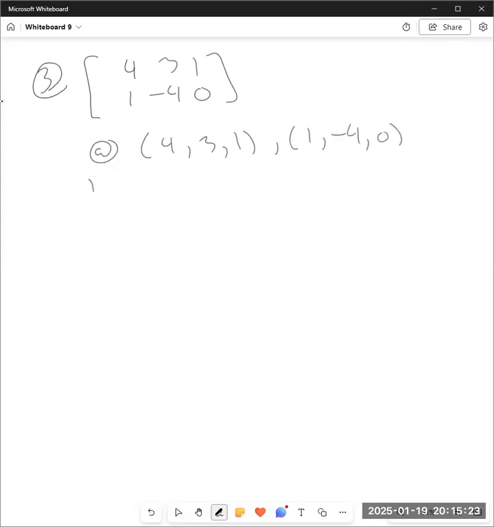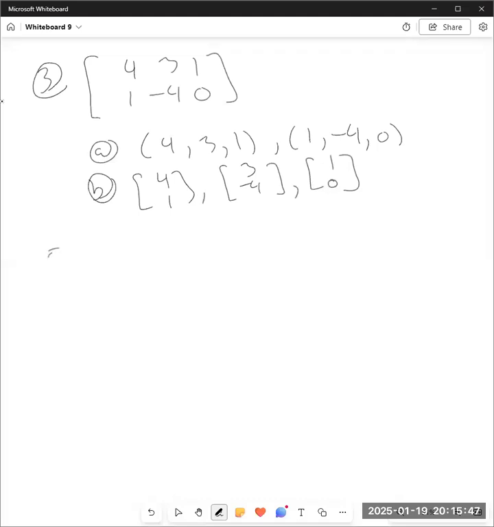And then B asks us to find the column vectors, and we'll write those in this notation. So we put the matrix symbol around our column vectors, but we just use our parentheses around our row vectors for this section.